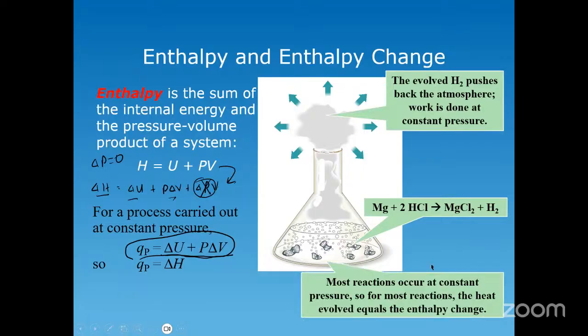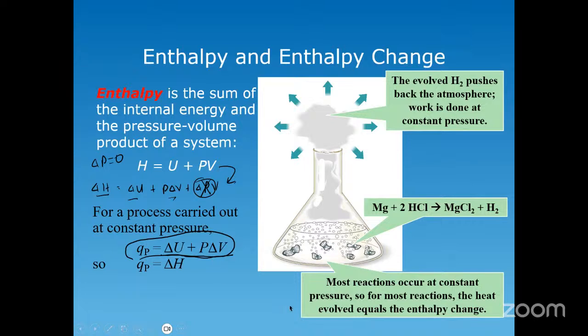The example shown here is a reaction between magnesium and hydrochloric acid, which produces hydrogen gas, which expands against the atmosphere, right? So work is being done by the system against the atmosphere. Therefore, we can calculate that heat change based on this equation, if you know the internal energy, the change in volume, and the pressure, right?